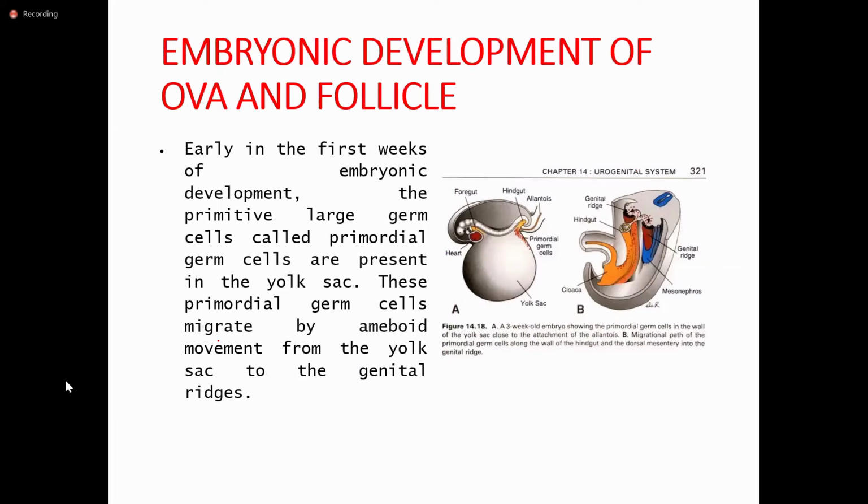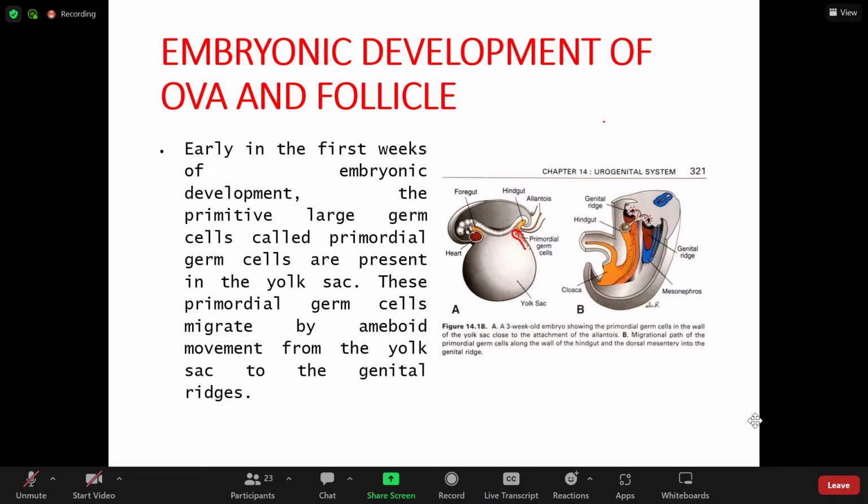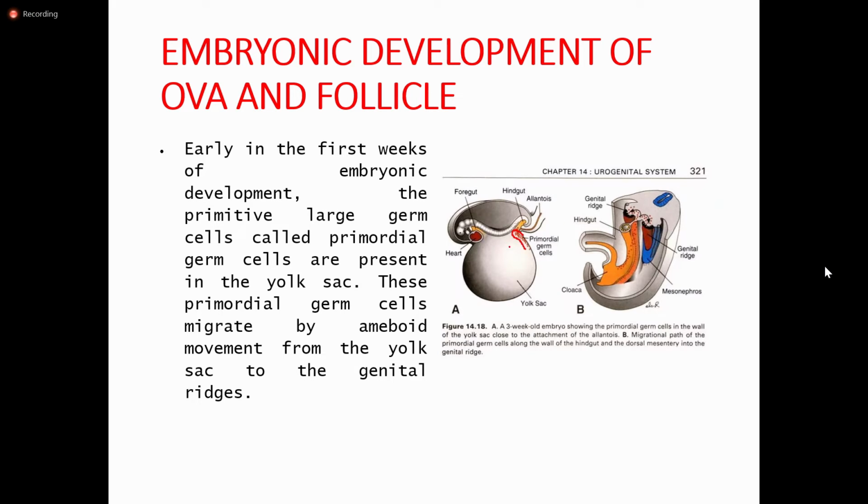Yes, Doc. For the embryonic development, itong mga primordial follicle ay nag-originate yan sa yolk sac. Then this primordial germ cell have this amoeboid movement. Gumagapang sila going to the genital ridge. Let's magnify this one.